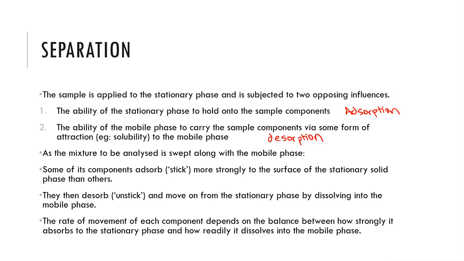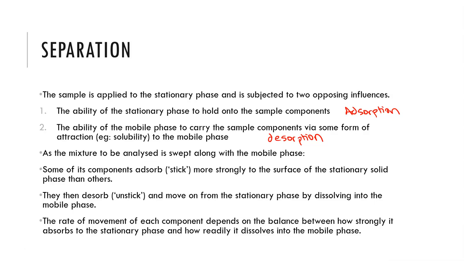So as the mixture being analysed is swept along by the mobile phase, some components will stick more to the stationary phase than others. Ones that stick more are slowed down. They adsorb more strongly and they desorb less often, which means that they will travel less quickly through the stationary phase.